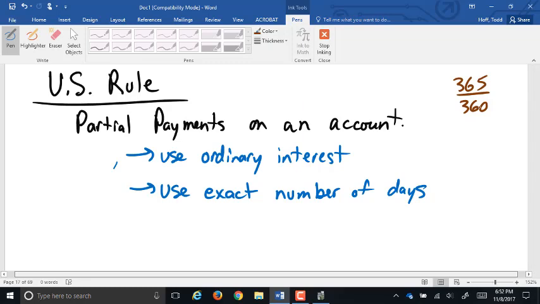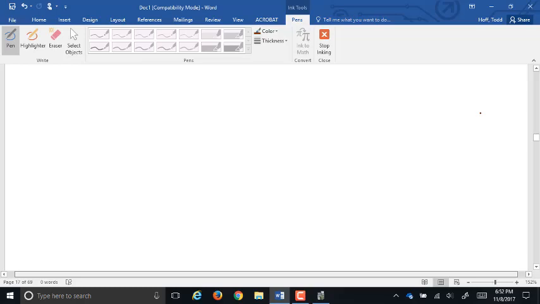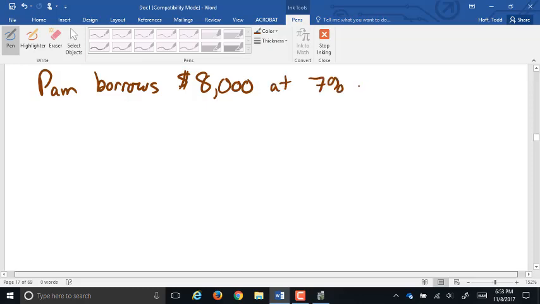Okay. Well, let's look at how this all works is the U.S. rule. Pam borrows, we're going to keep this one a little bit simple, $8,000 at 7% interest for 90 days.